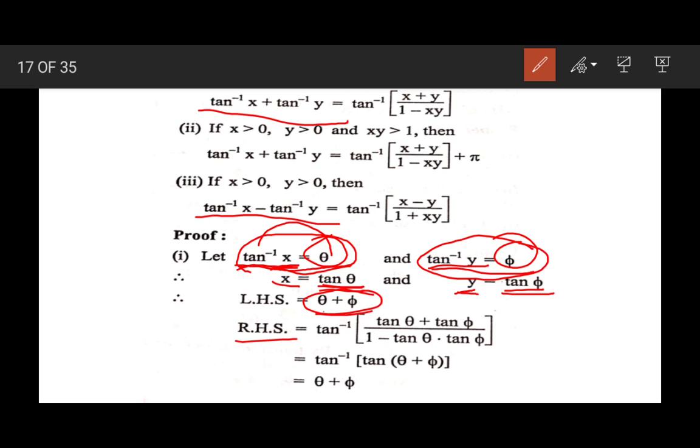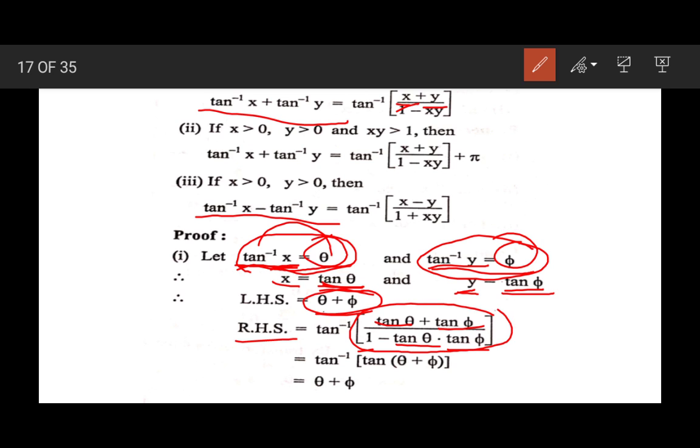Now take the right hand side. The right hand side is tan inverse of (x plus y) upon (1 minus xy), but x is tan theta. So tan theta plus tan phi upon 1 minus tan theta into tan phi, and what is this?